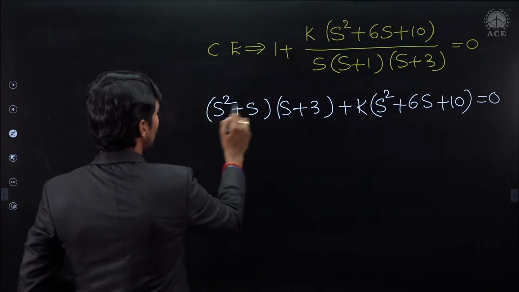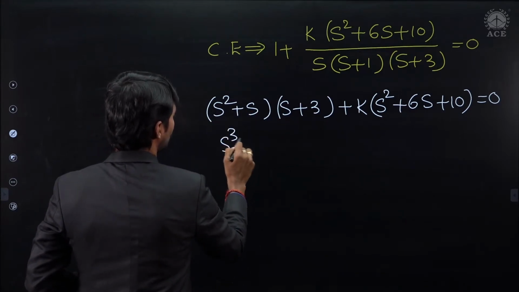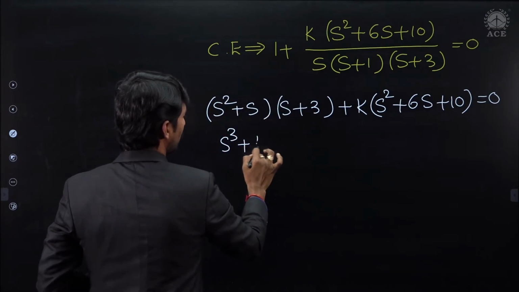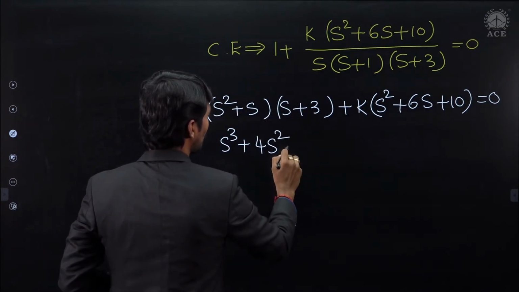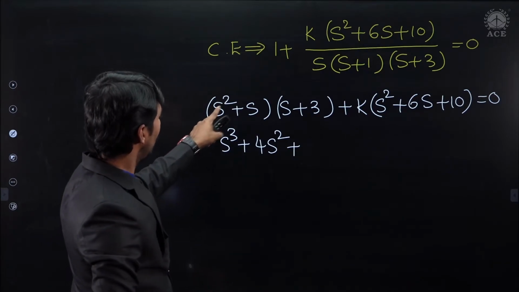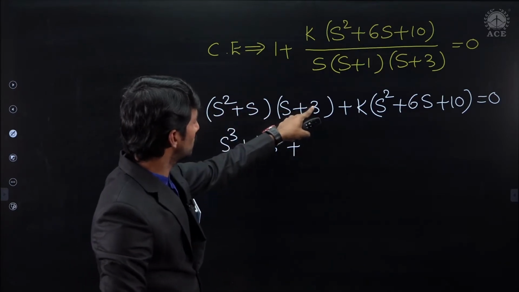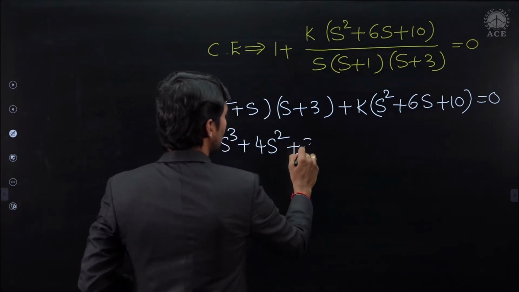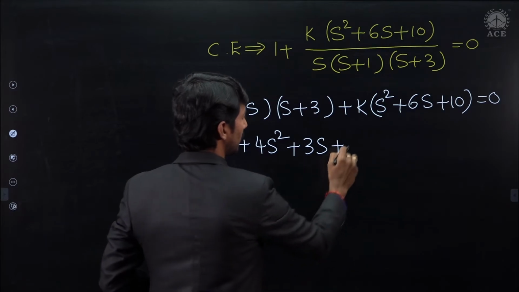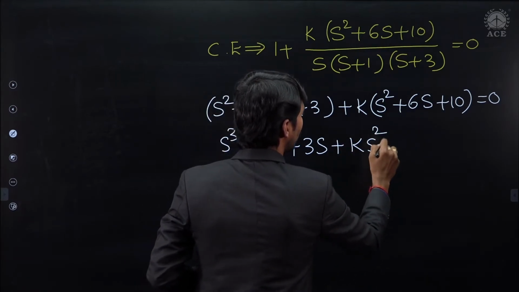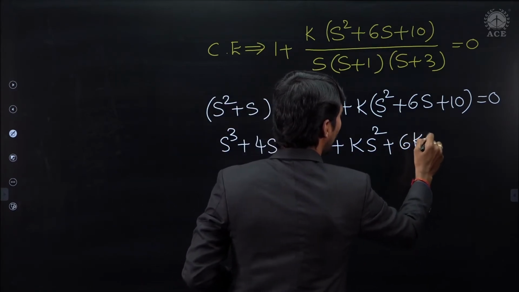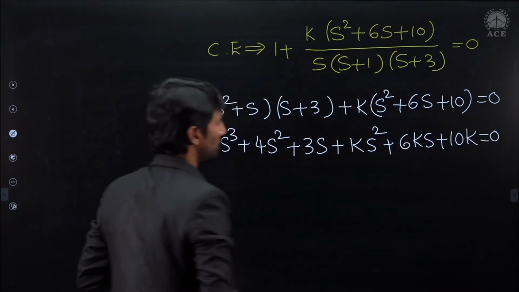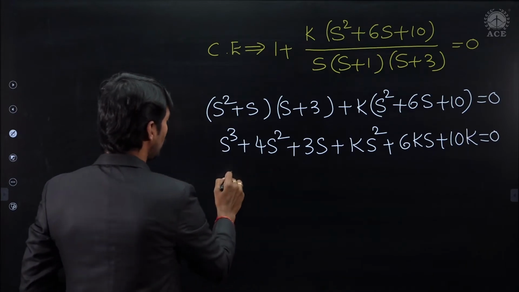Now multiply: S cube plus 3S square plus S square, that is 4S square, plus 3S, plus K S square plus 6KS plus 10K is equal to 0.